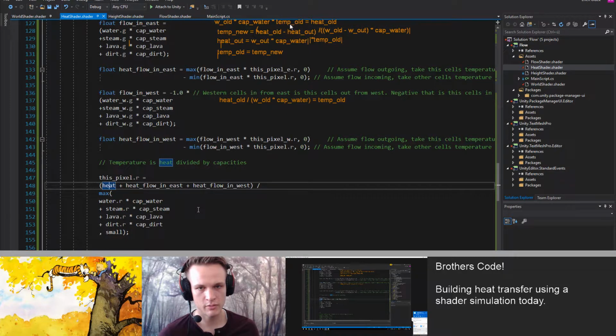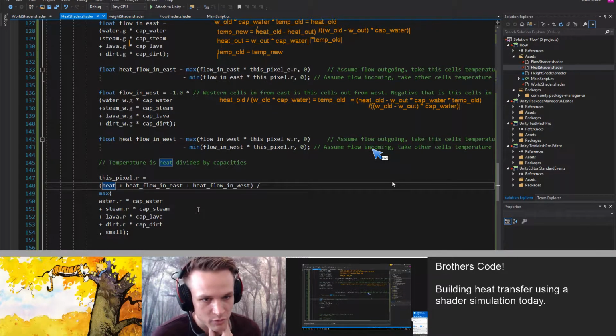So I rearranged this equation up top here, and that equals heat old minus water out times cap water times temp old over water old minus water out times cap water.